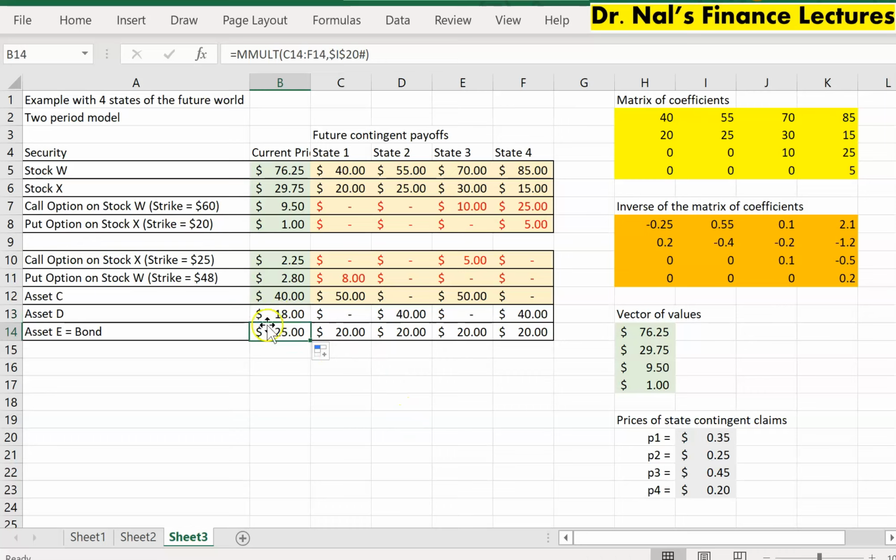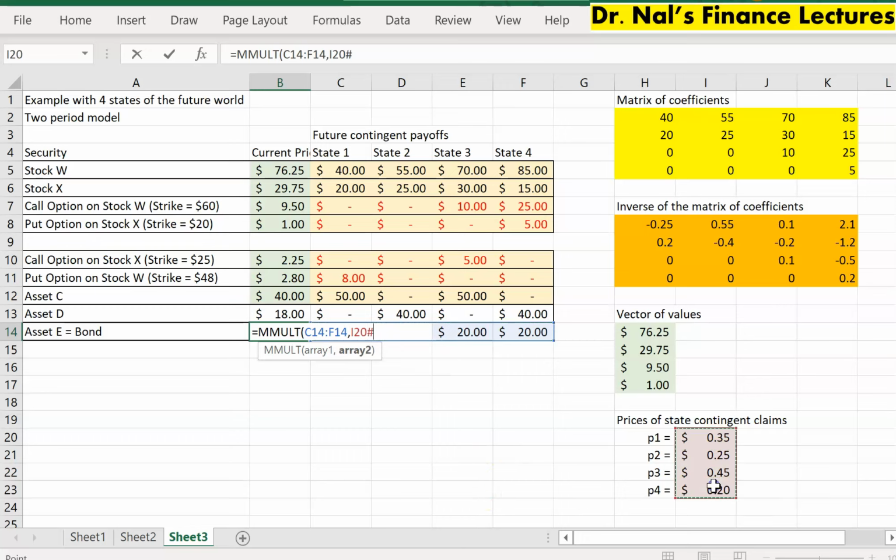So this, wait, how can it be $25? Good question. C14 through F14, that is correct, times I20. I feel like there's a problem there. I was expecting it to work nicely. Okay, let me just do the calculation manually. My matrix multiplication, multiply these 4, comma, this.